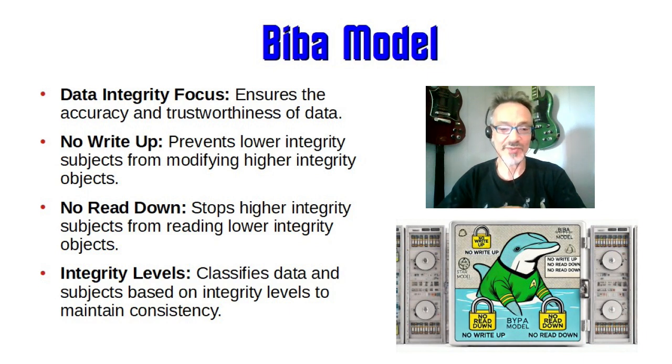BIBA classifies both data and subjects based on integrity and maintains consistency, and it's crucial for maintaining the accuracy and trustworthiness of data. For the exam, it's important to understand how BIBA compares to Bell-LaPadula. They are both multi-level policies. Bell-LaPadula is for confidentiality, and BIBA is for integrity.